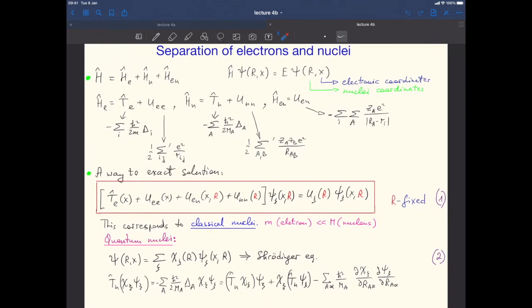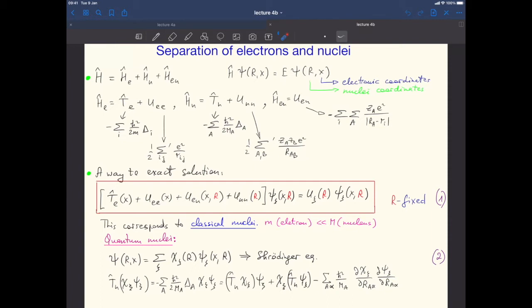Therefore, in order to solve the original Schrödinger equation, which is written both for nuclei and electrons, we can expand the total wave function psi into the basis of these solutions of the electron-only equation. We are always allowed to do so. This is exact. And the coefficients of this expansion may still be functions of the nuclear positions. Why not? Because this function was obtained for fixed positions of the nuclei.